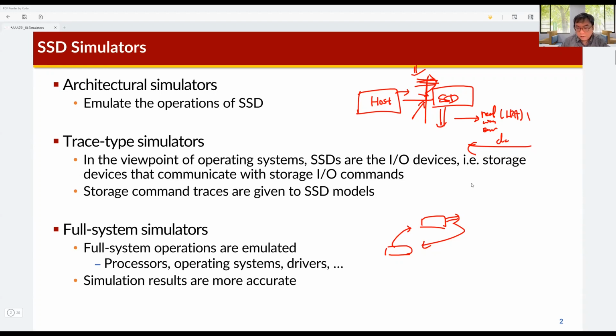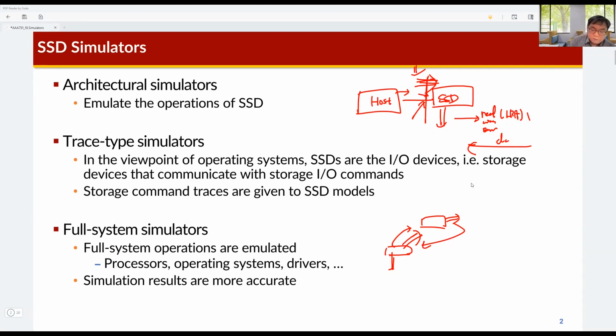But the application that runs on the host system is influenced by the performance of the SSD. That means the commands from the host system can change by different operations from the SSD.